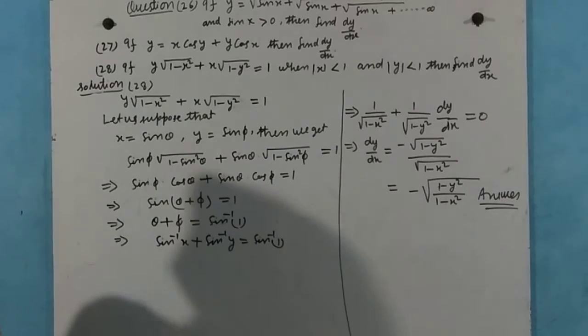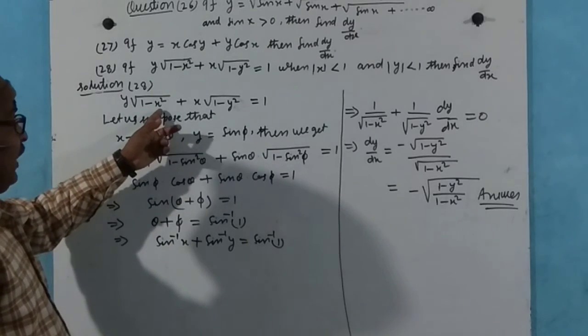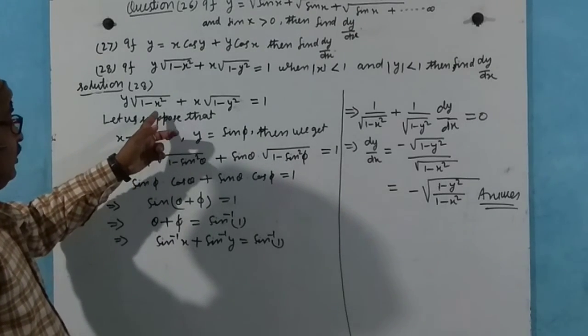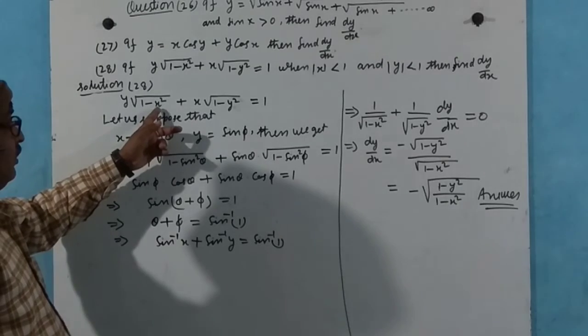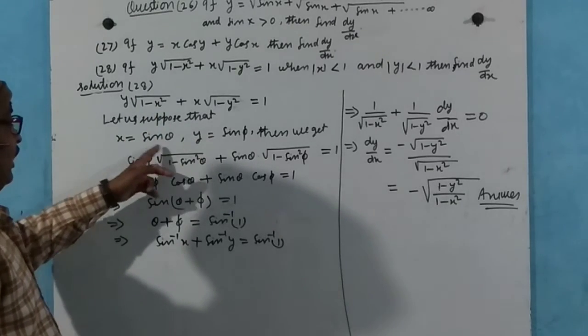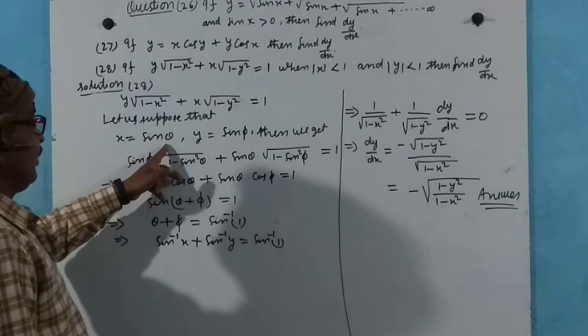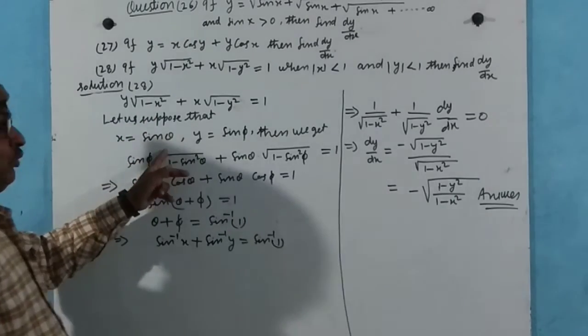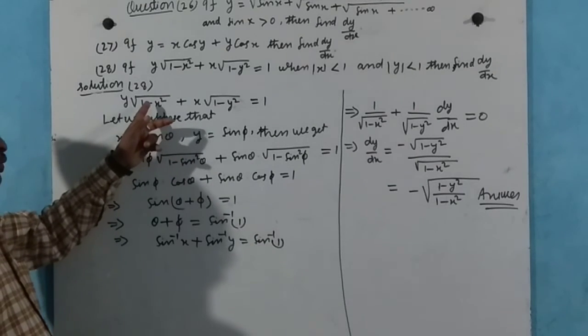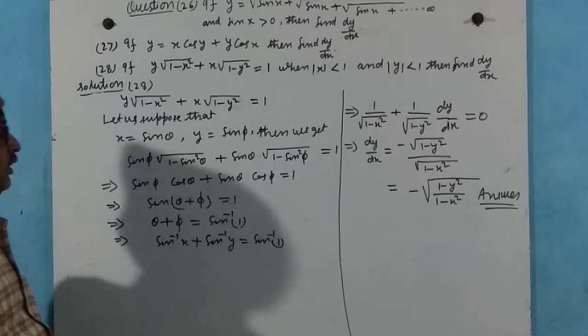Now in this case, let us suppose that x equals sin theta, so that 1 minus x square is 1 minus sin square theta, which equals cos square theta, and under root this is simply cos theta.